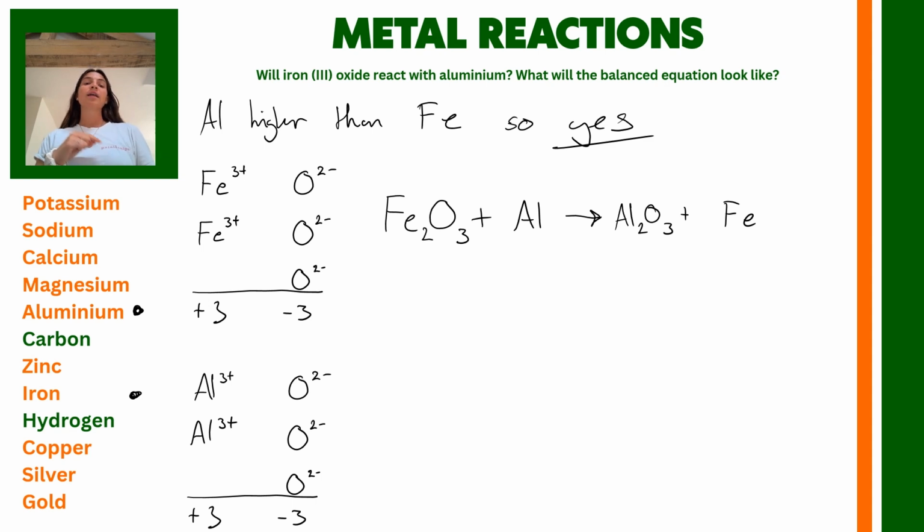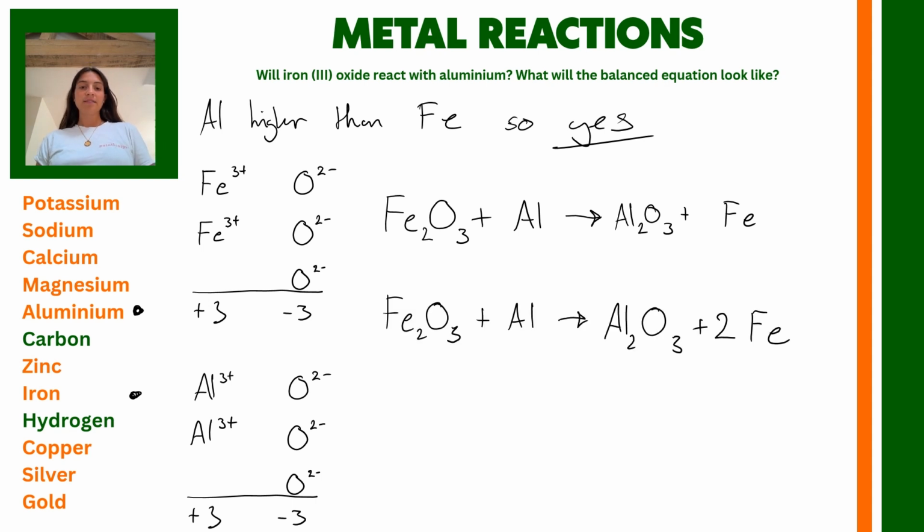So Fe2O3 plus my aluminium gives me, and I had 2 of the aluminium, Al2O3 plus iron. And now I need to make sure that everything here is balanced. If I look at my left-hand side, there are two iron.